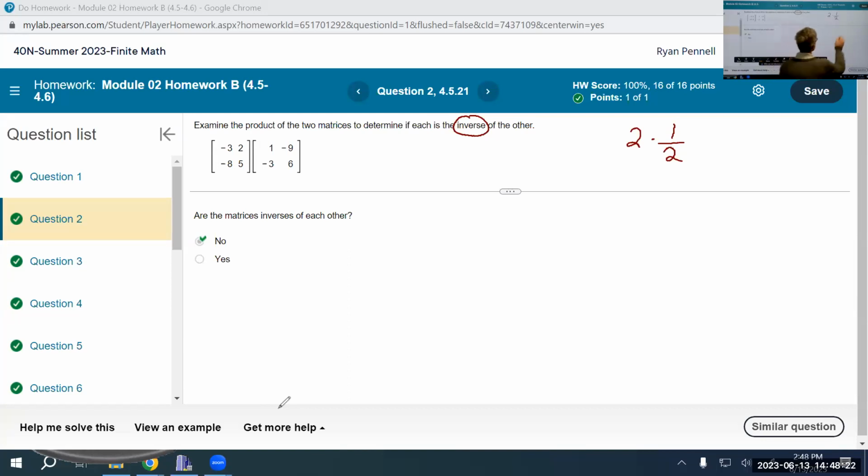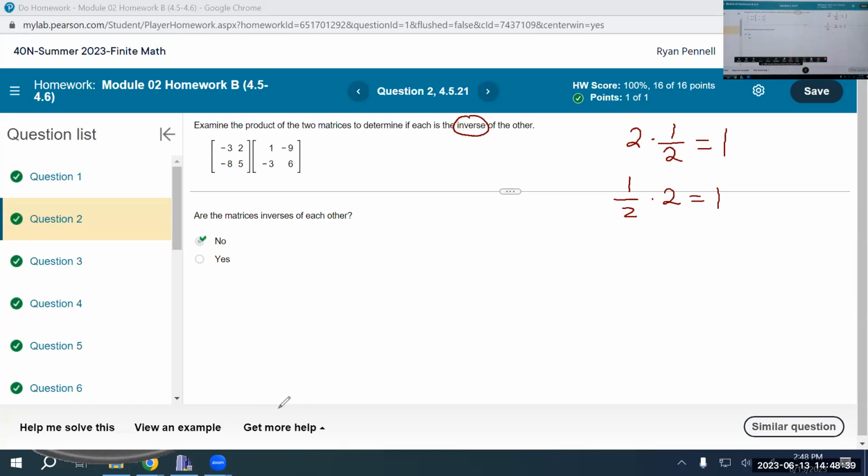And what does this equal? 1. What about the other way? 1/2 times 2 equals 1. Those are inverses of each other.